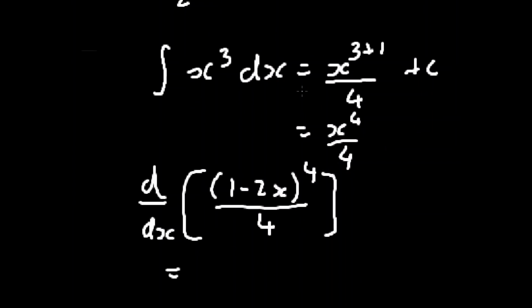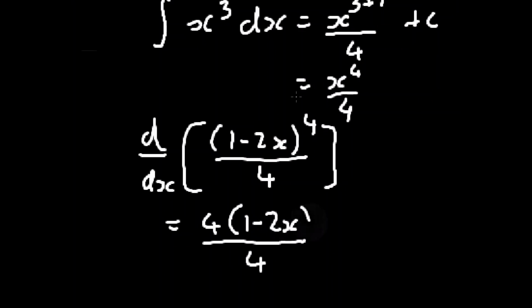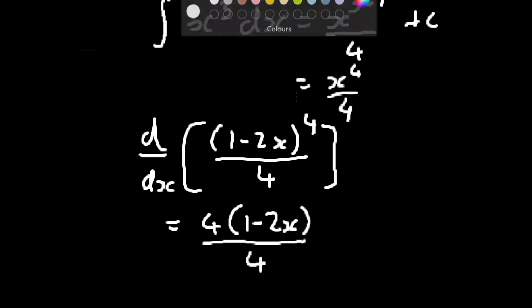Well, what we can see is that the 4 goes down to the bottom. We're using the chain rule, so if you haven't done that before, I'd recommend looking at some other questions. But for this one, the 4 goes down to the bottom, and that cancels out that bit. But we're left with the inside bits where we need to find the differential of that.